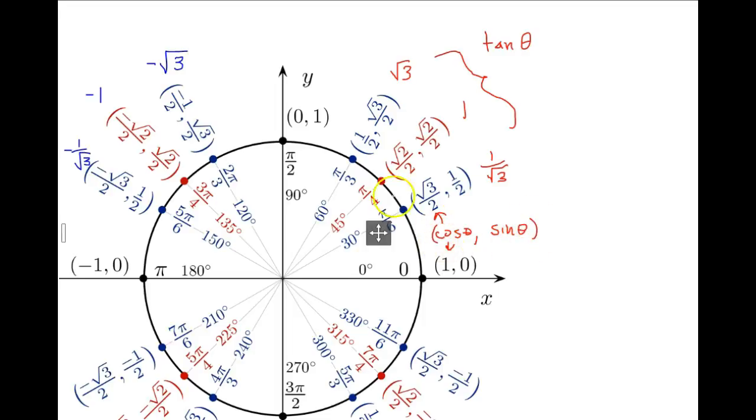So all the points that are given on the unit circle are sines and cosines. And then if we divide the y-coordinate by the x-coordinate, we're always going to get these all the way around, positive or negative based on the sines and cosines, because it's division. Negative divided by negative is positive, so we'll get positive tangents. Positive divided by negative is a negative, we'll get negative tangents.